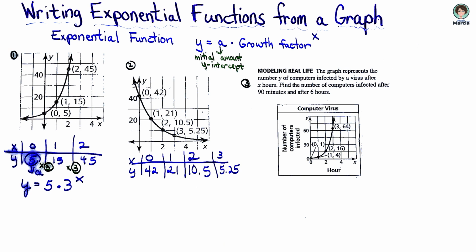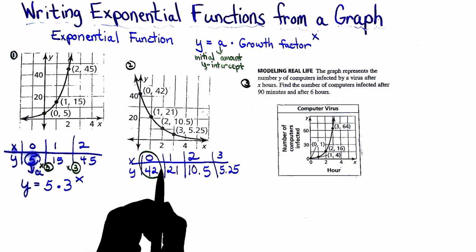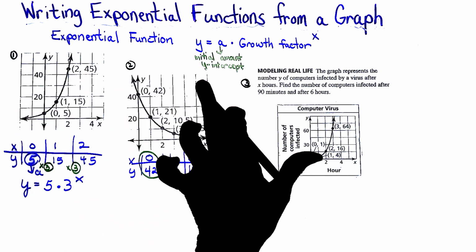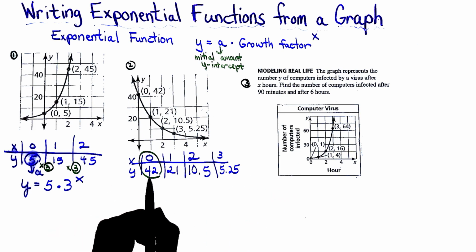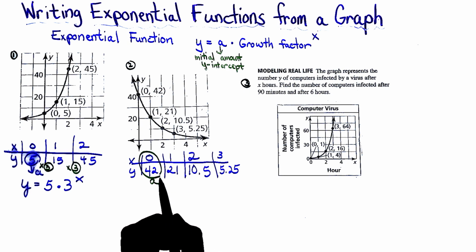All right, I know looking at this information right here, this is my y-intercept. So this is going to be my letter A. And now I'm looking and I see 42 goes to 21. Well, I know that that's divided by 2, but I could also say times 1/2.